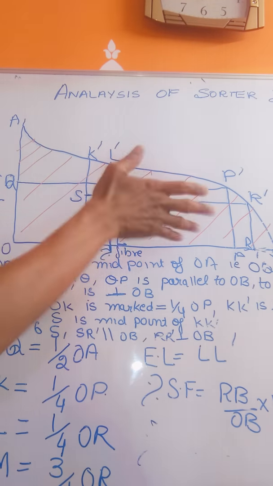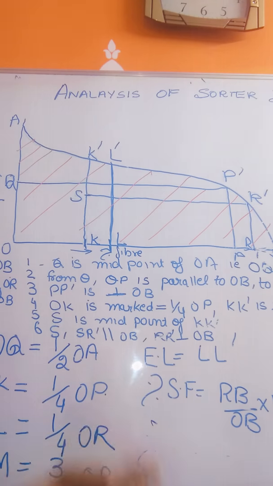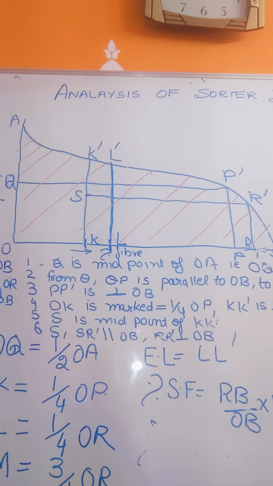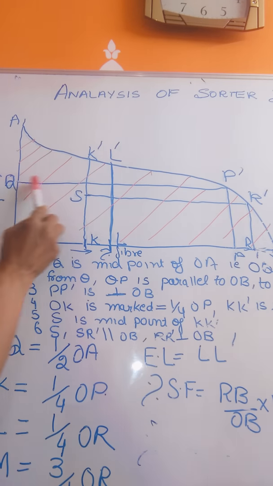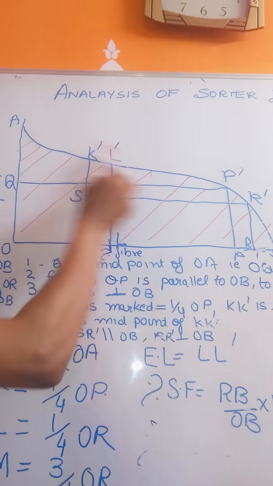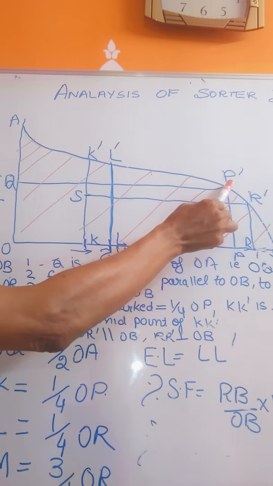Now how to analyze the effective length, short fiber percentage, mean length? Now Q is the midpoint of OA. OA reflects the fiber length in millimeter, while the horizontal axis reflects the percentage of fiber. Then from Q, a line is drawn parallel to OB where it cuts my diagram at P dash.